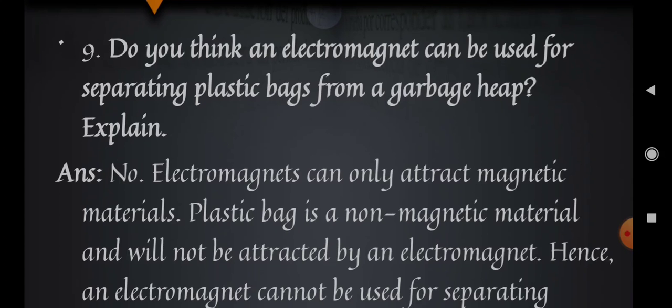It is not going to attract non-magnetic material, and plastic is one of them. So the answer should be no, because electromagnets can only attract magnetic material. That is one mark. Second, a plastic bag is non-magnetic material and will not be attracted by an electromagnet. So this question can be asked for 2 marks.